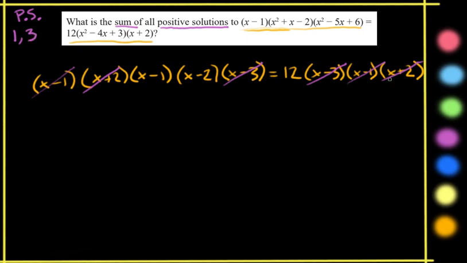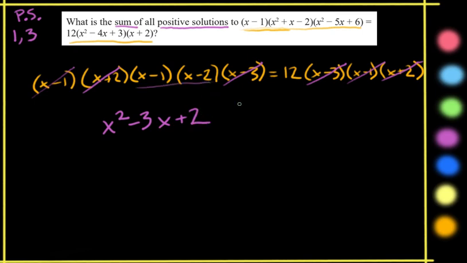And now we have managed to cancel all the x's on this side, and we just have x minus 1 times x minus 2 equals 12. I think the best way to solve this is to make a quadratic formula out of this. So let's expand this out, I guess. So we get x squared minus 3x plus 2.